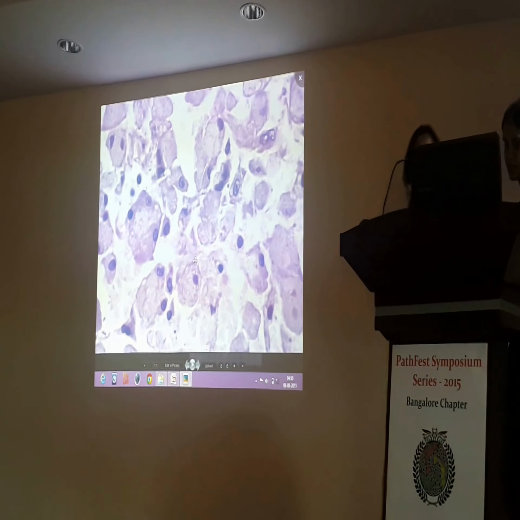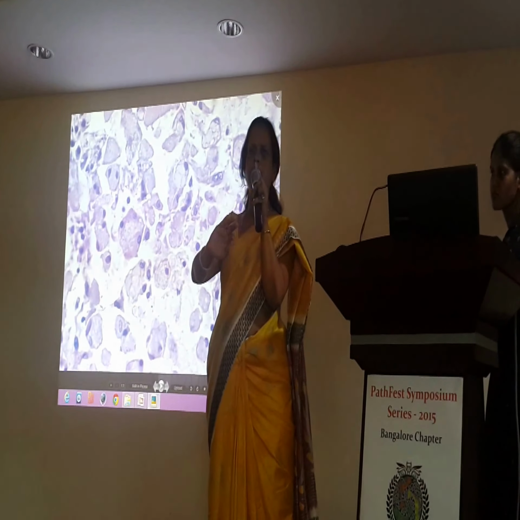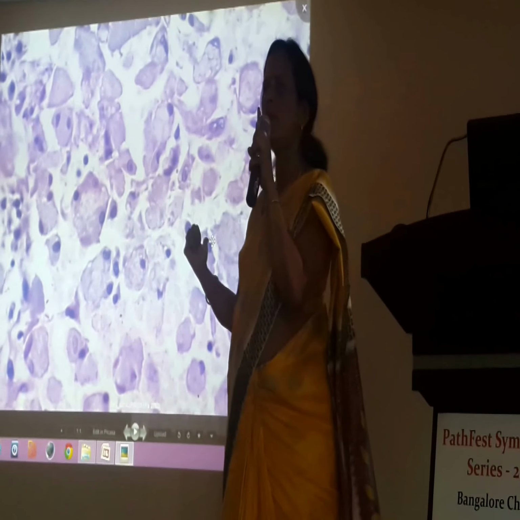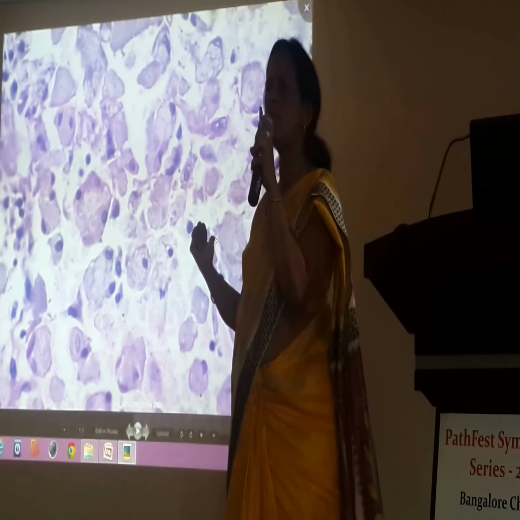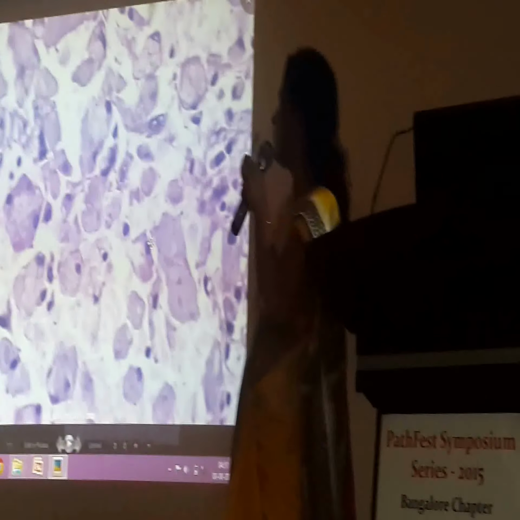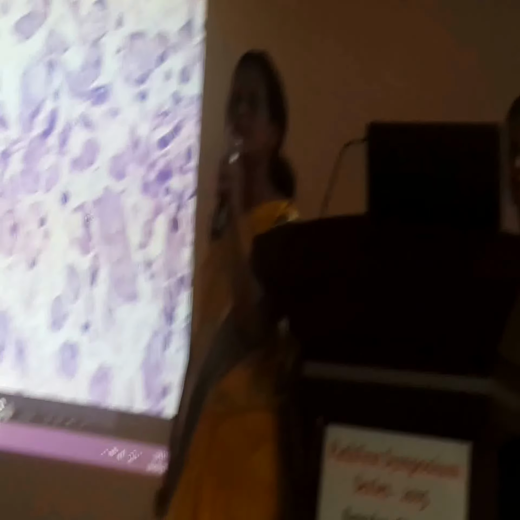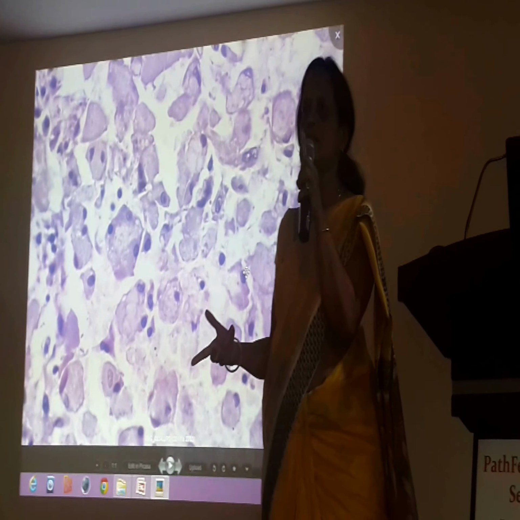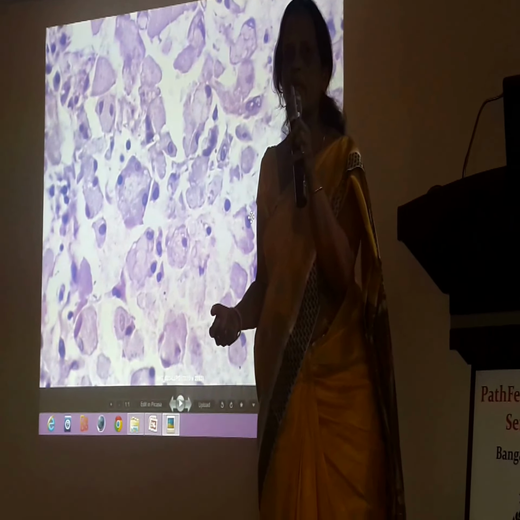Any other cell? Do they resemble any other cell? Somebody told me once, they call this something else. Any other cell which looks like this? Forget about the spleen. Foamy histiocytes, you're calling this foamy? Vegetable cells, okay. Any other cell? Large cell? Abundant eosinophilic cytoplasm? Yeah?